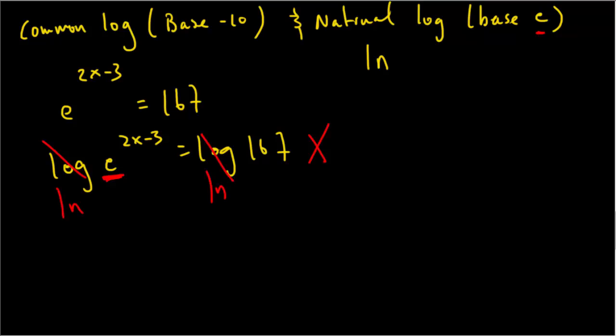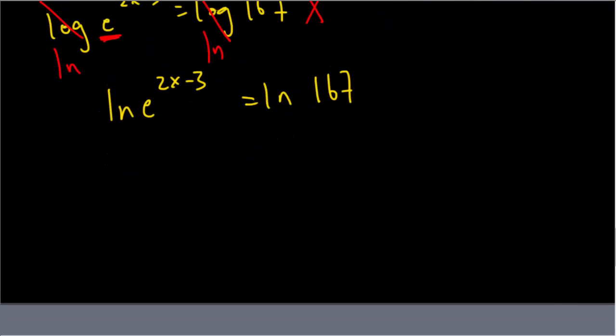So this should actually be ln of e to the 2x minus 3 equals ln of 167. We know that will be 2x minus 3 times ln e equals ln 167.